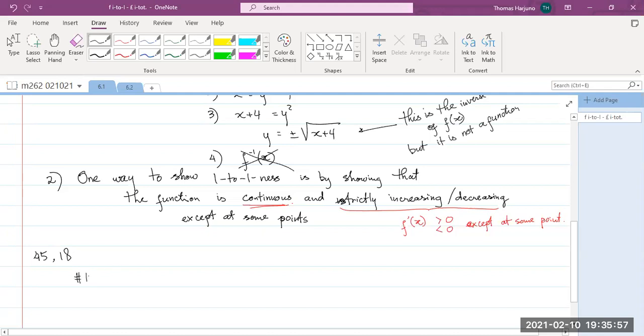Number 18. If f(x) equals x to the fifth plus x cubed plus x, then find the inverse function at 3 and the value of f inverse of 2.